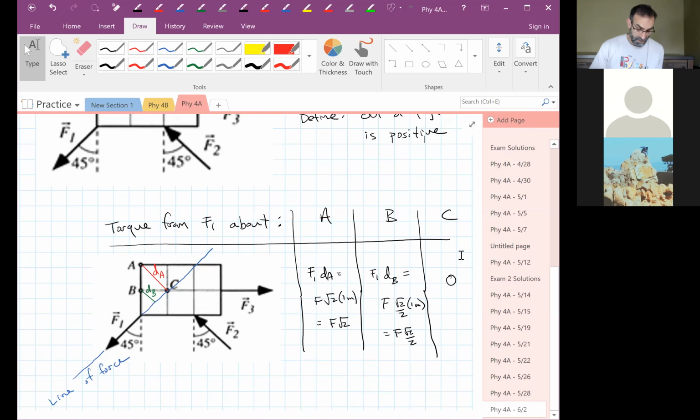Remember, you wrap your fingers. If your fingers are going clockwise and your thumb is along the axis of rotation, which is perpendicular to the page, your thumb would have to be pointing into the page for your fingers to be going clockwise. So this is into the page or negative.